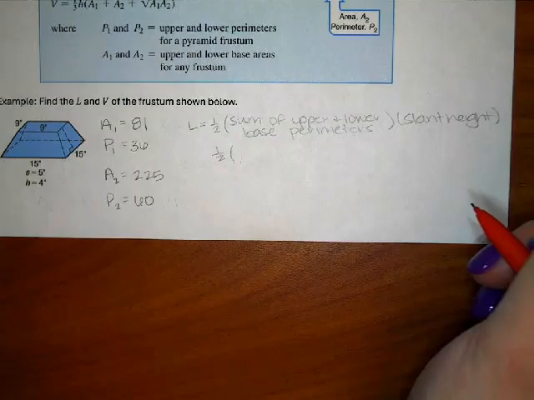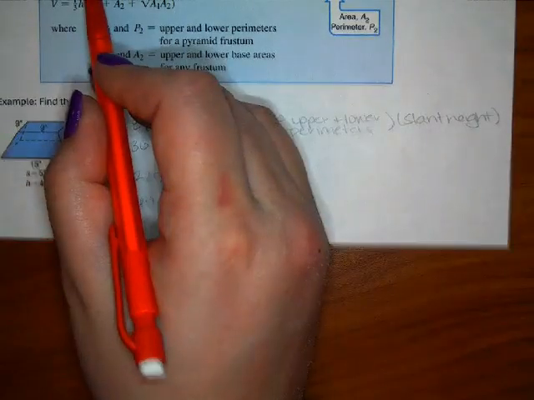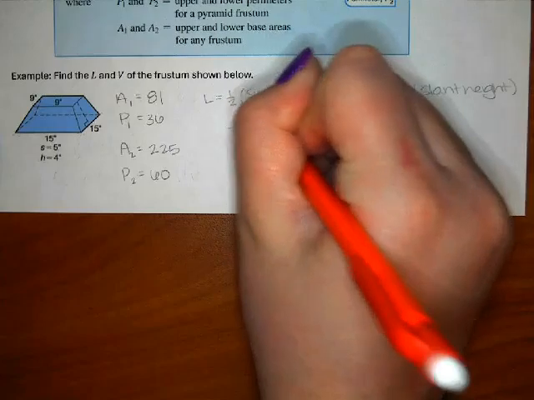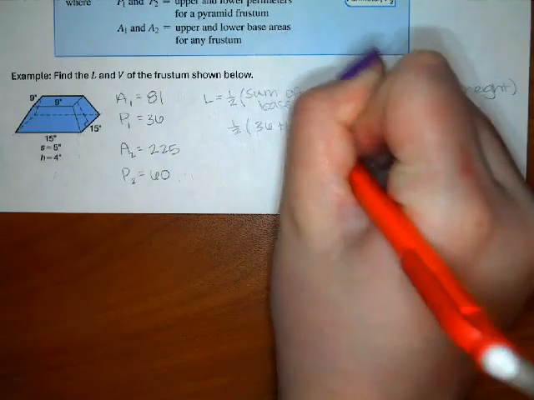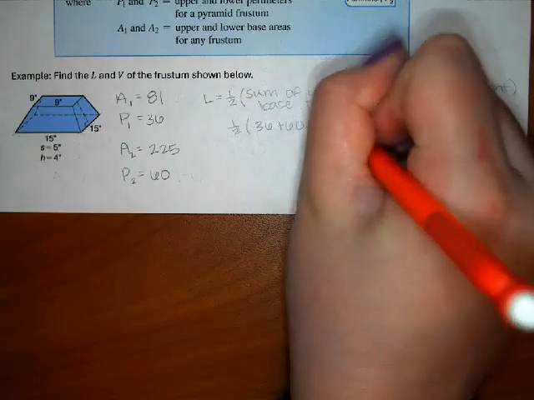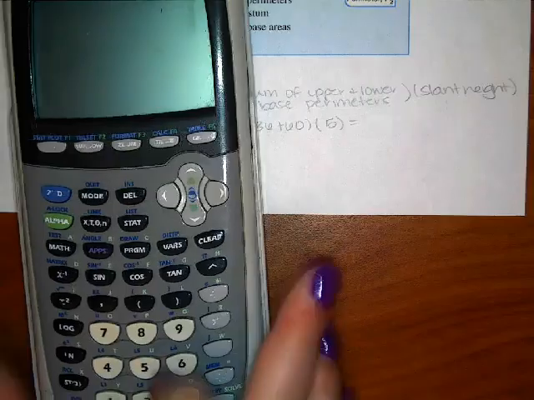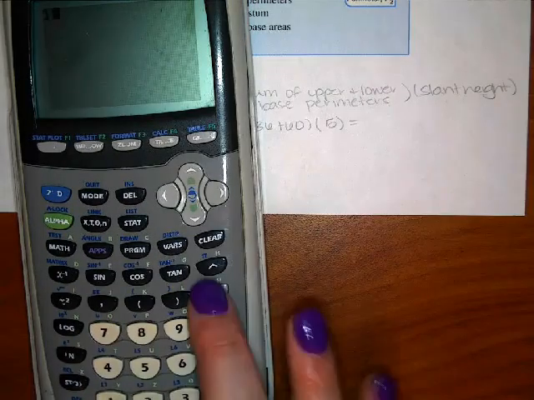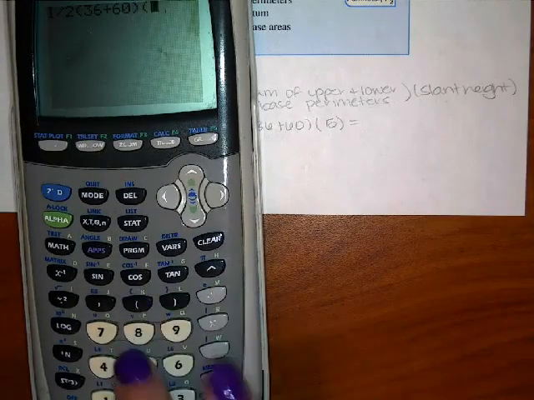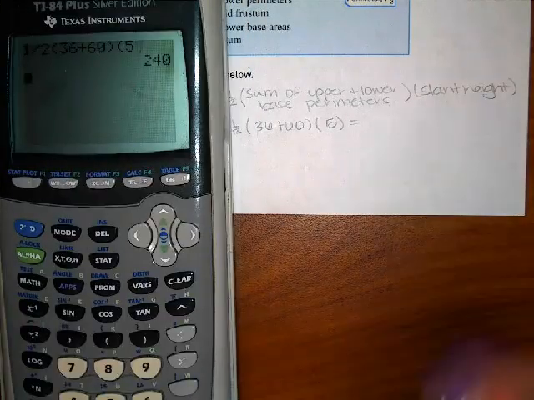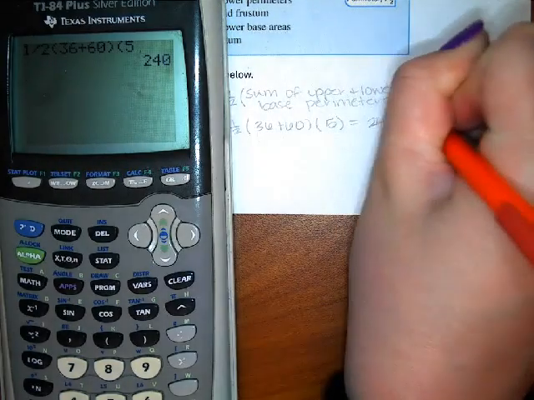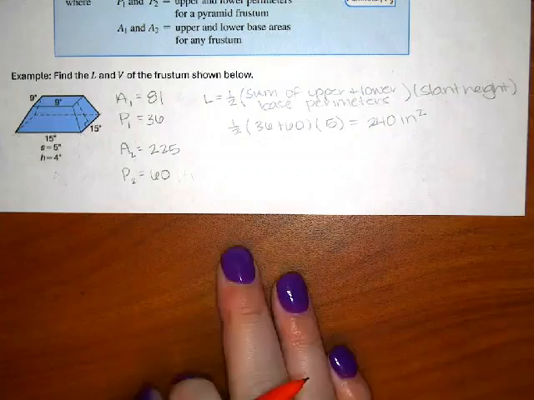The sum of the upper and lower base perimeters, P sub 1 plus P sub 2, is 36 plus 60. The slant height is 5. 1/2, 36 plus 60 times a slant height of 5 is 240 inches squared, because this is a surface area.